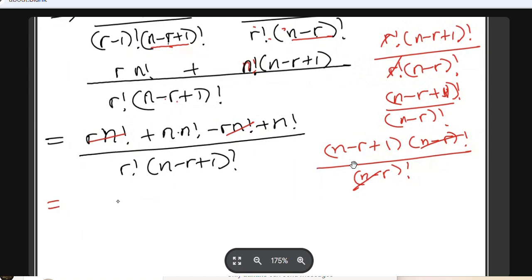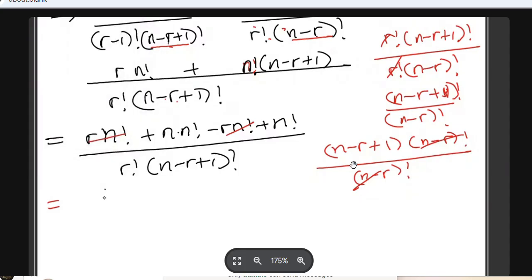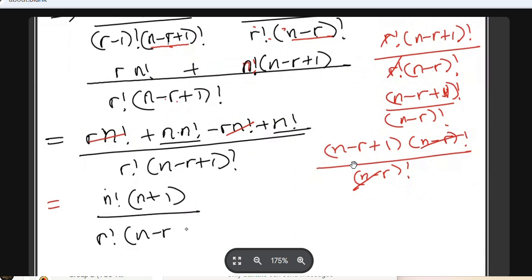On top, let's factor out the n factorial. When we factor out the n factorial on top, inside, because we're looking at this and that, because these two cancelled, you remain with the n plus 1, then over r factorial, then (n minus r plus 1) factorial.